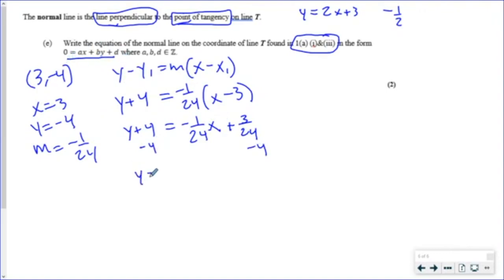So y equals negative 1 over 24 x plus 3 over 24 minus 4. That's that big boy math again. Let me go ahead and use my calculator, what you should be doing every day. So I got 3 over 24 minus 4, and I get negative 31 over 8.